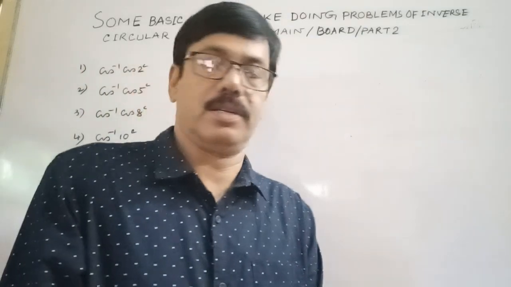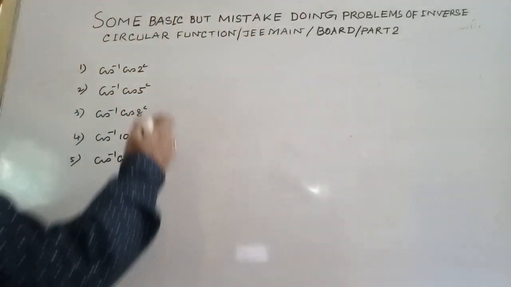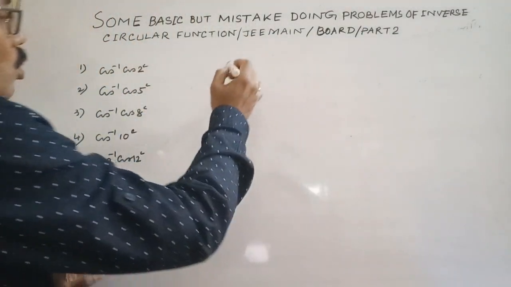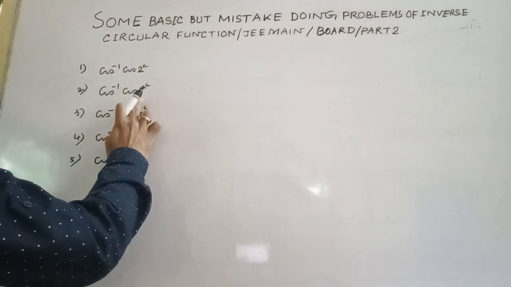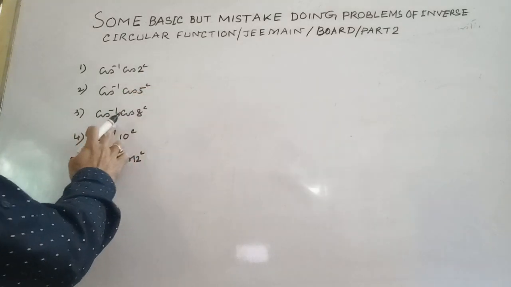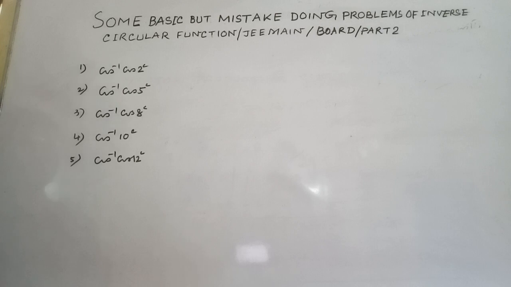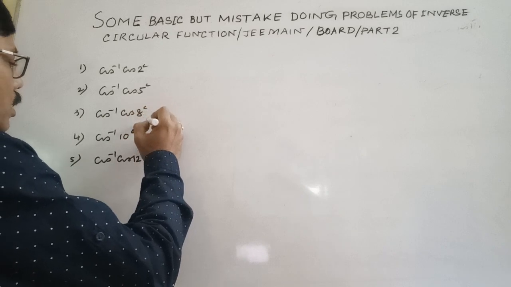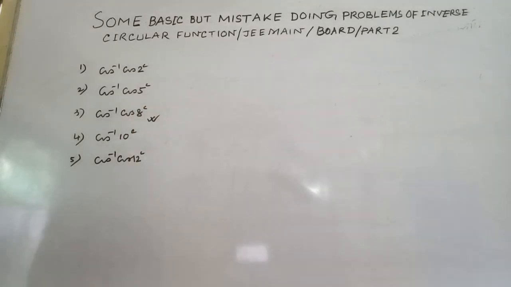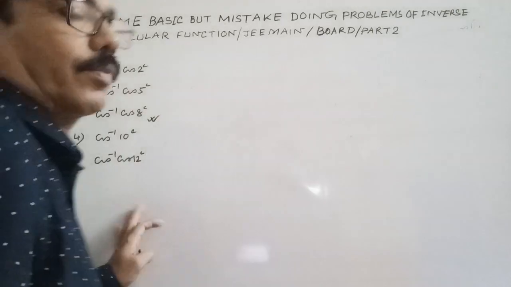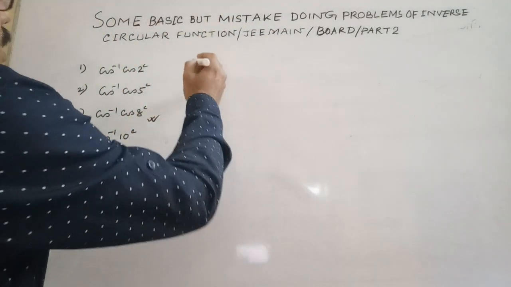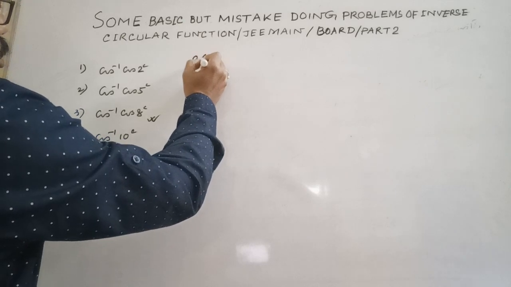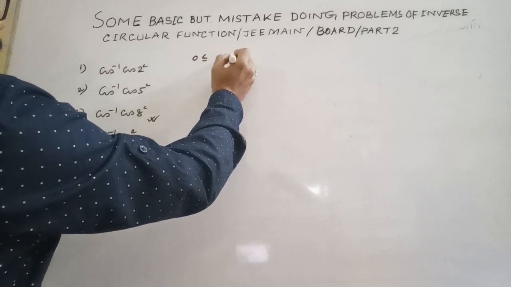How to find the principal value? Now cos inverse cos 2, cos inverse cos 5, cos inverse cos 8, cos inverse cos 10. Suppose we are considering problem number 3, 8 radian. So, 8 radian. So the principal value of cos is 0 to pi.